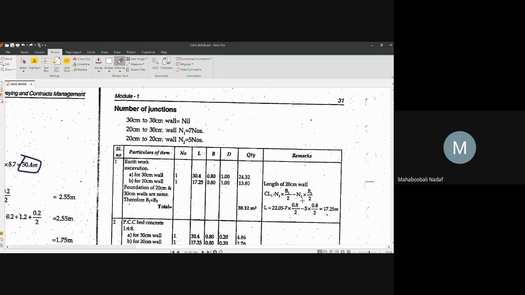N1 and N2 are junctions: N1 is 7, N2 is 5. B is the width of that item, which is the same because it is not changing. This will change in brickwork; till then only one type of foundation is there, so B1 is equal to B2. The corrected length is written here. Multiplying, you get these two values and the final excavation value, 38.12. Is this step clear for everyone?